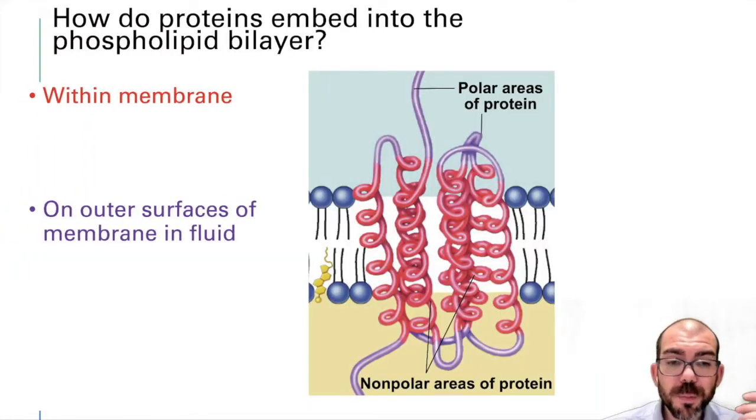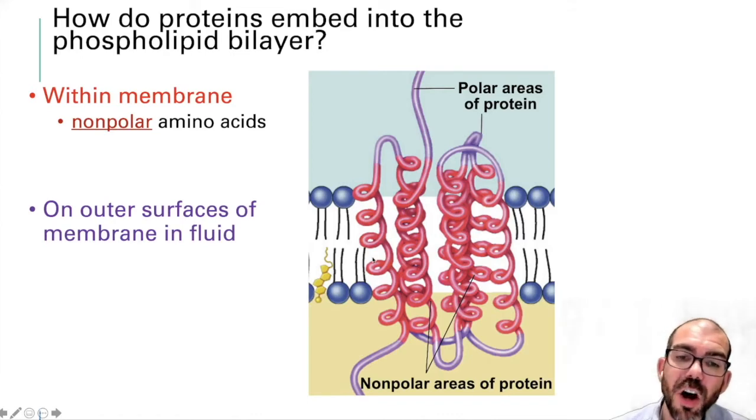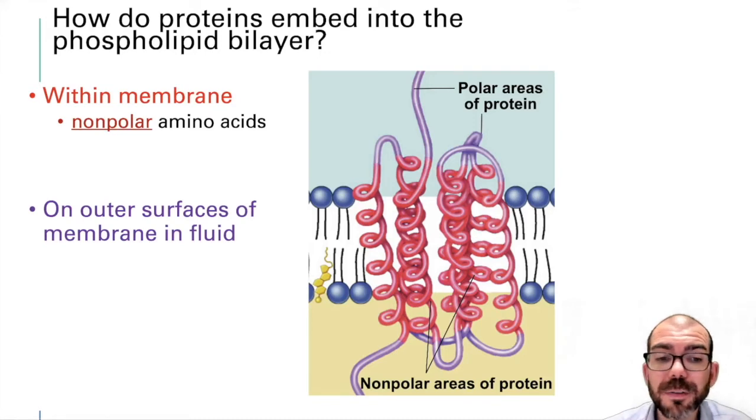In order for these proteins to embed into the cell membrane, they need to have the correct molecular polarity and structure. Specifically, within the membrane, this red region here, that part has to be nonpolar on the outside. The R groups of that protein are nonpolar so that it can attach to the nonpolar fatty acid tails. The inside of the protein is a completely different story though.